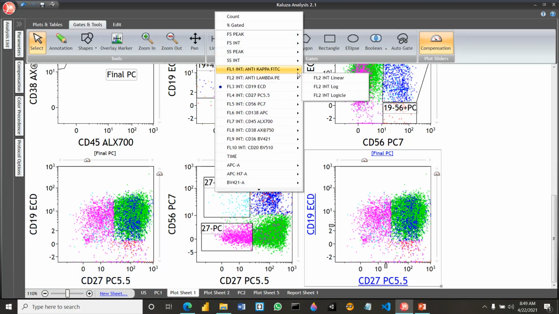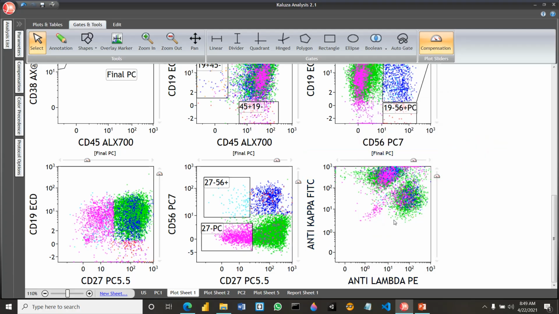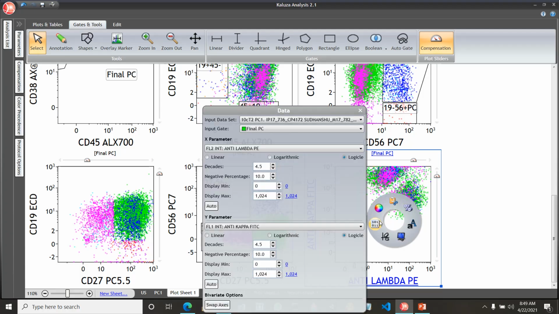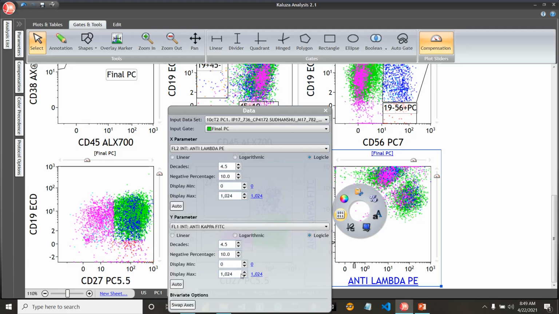So we have kappa here and lambda here. You can see there are two clusters, one which is kappa and the other one is lambda.